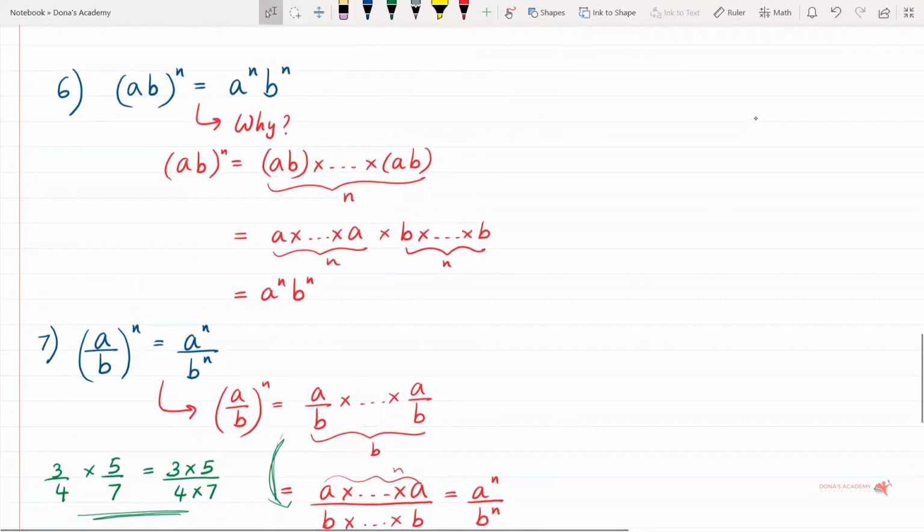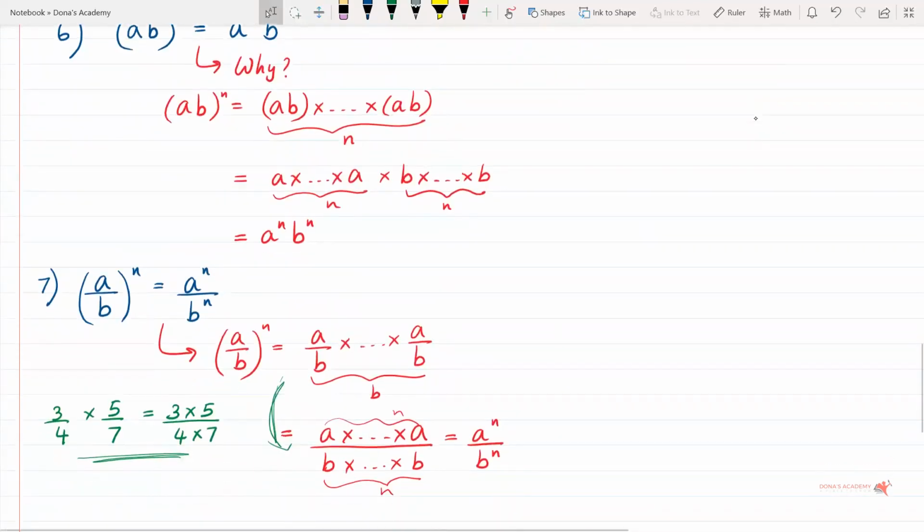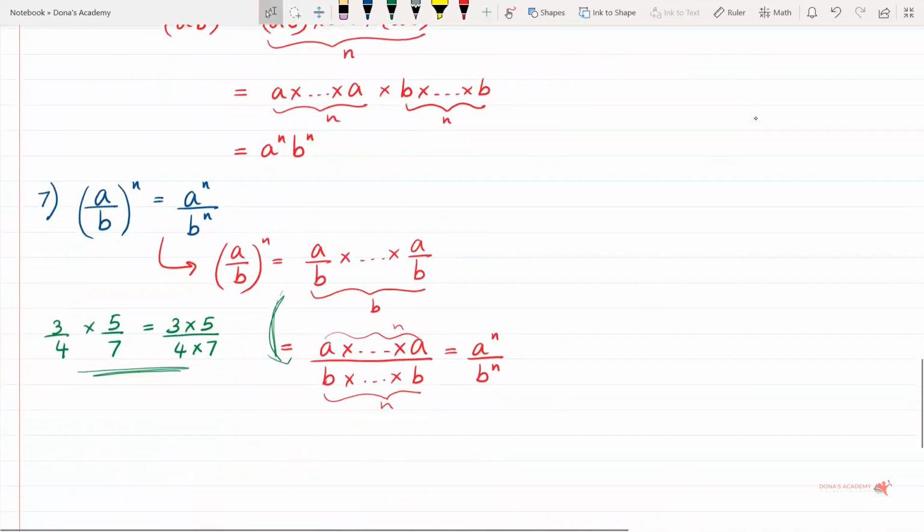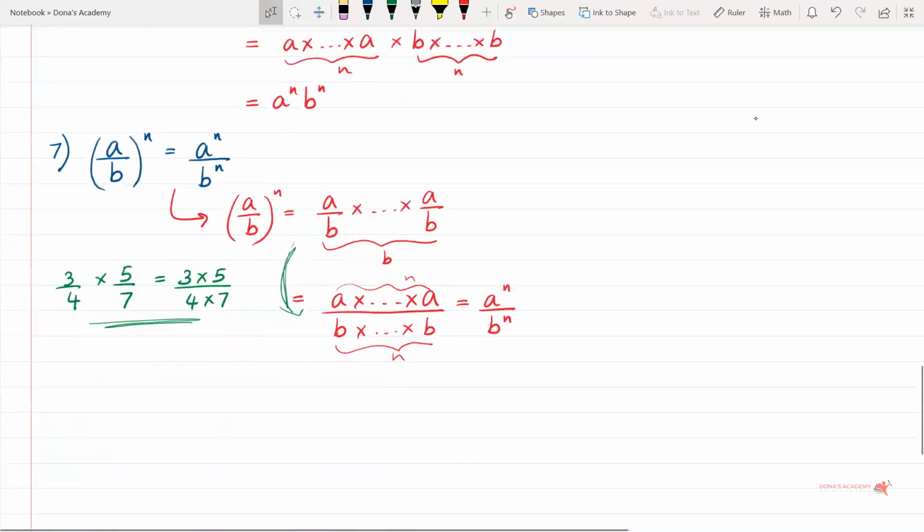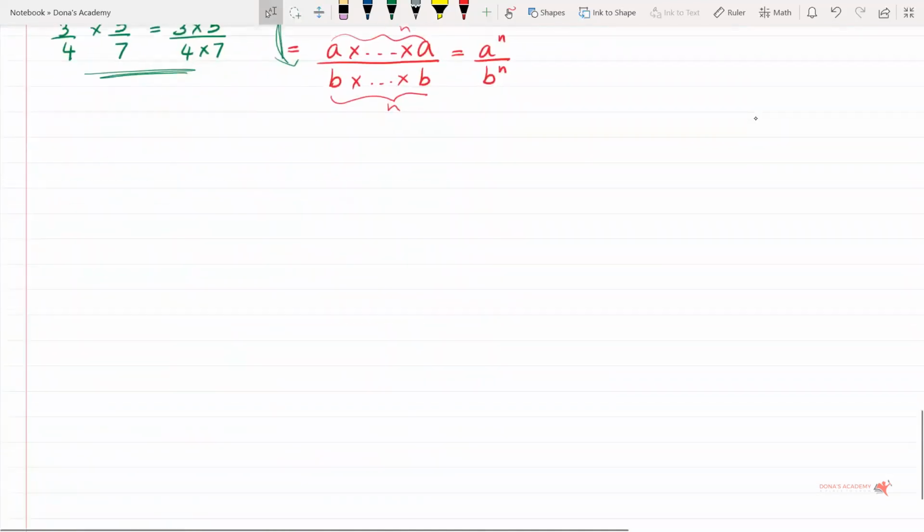In the previous one it was the multiplication. So these are the 7 laws we have in exponents. Alright, now let's do some examples for each of these laws.